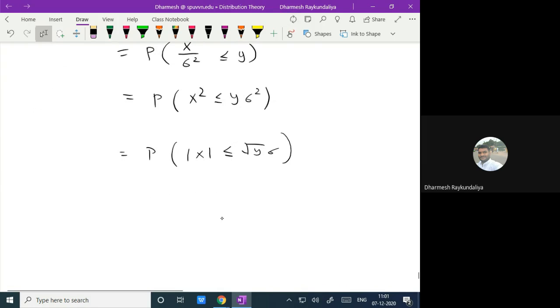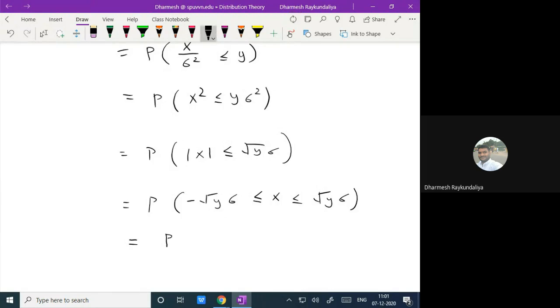If we write out this absolute value, then it is minus root y sigma less than or equal to X less than or equal to root y sigma. And it is nothing but the probability of X less than or equal to root y sigma minus the probability that X is less than or equal to minus root y sigma.